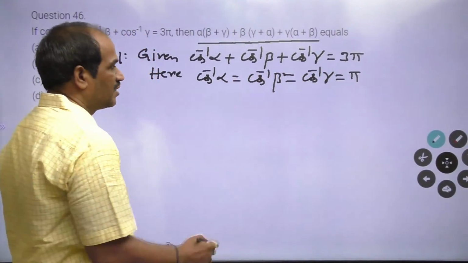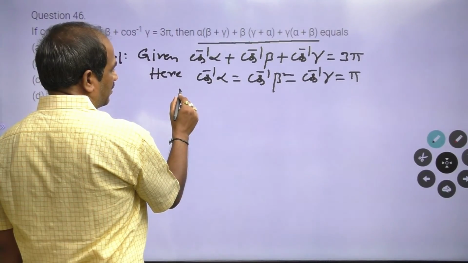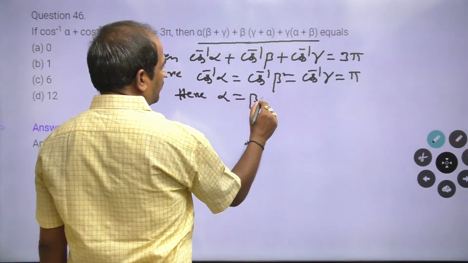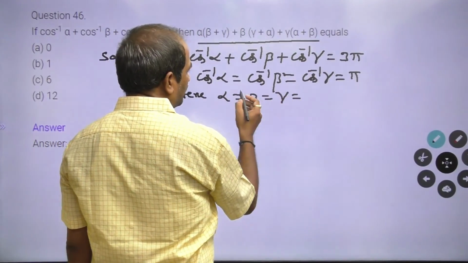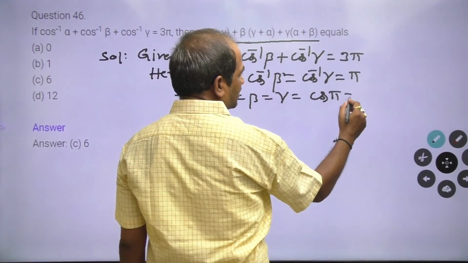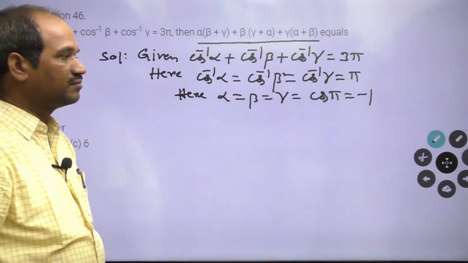Therefore alpha, beta and gamma are each equal to cos of pi, and cos of pi is equal to minus 1.